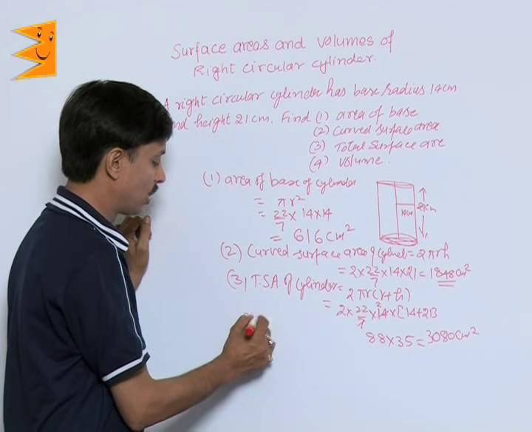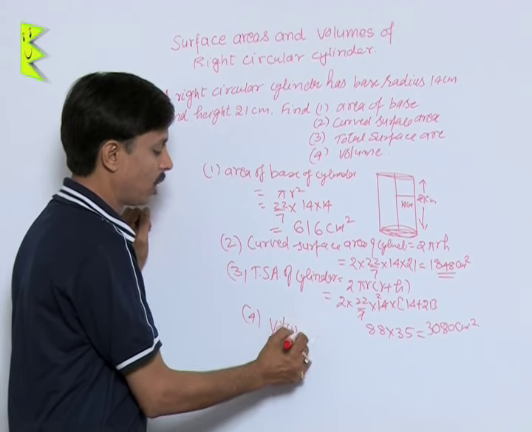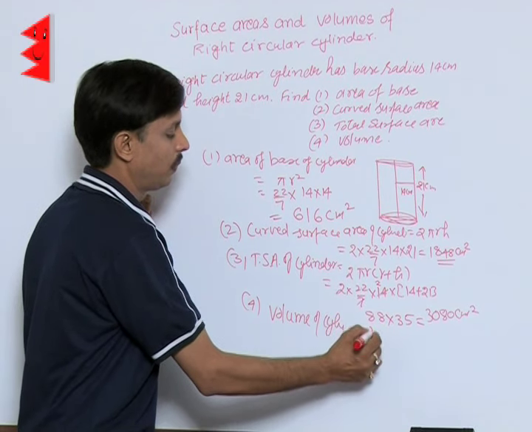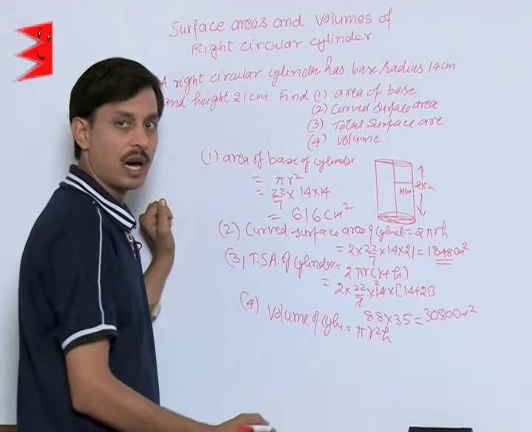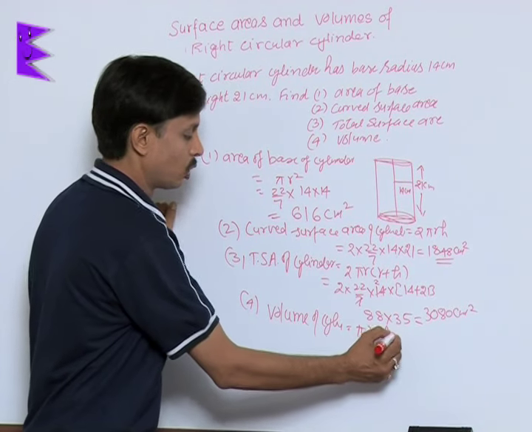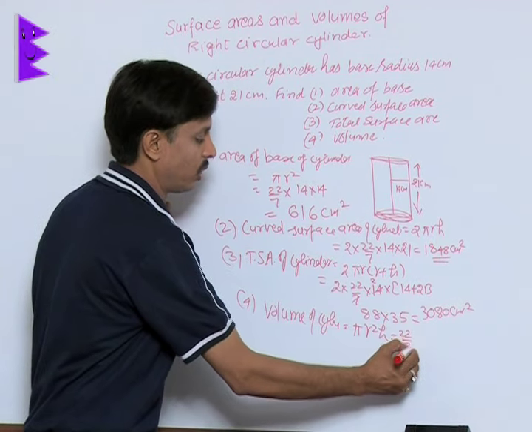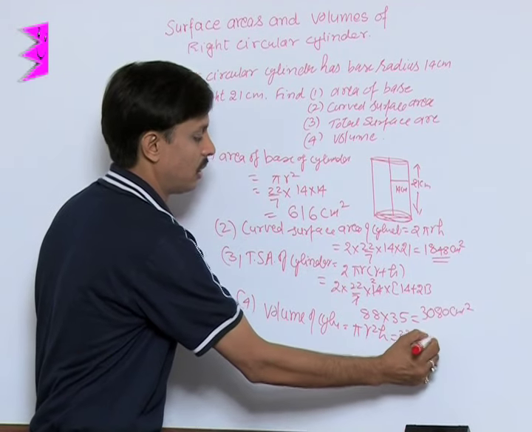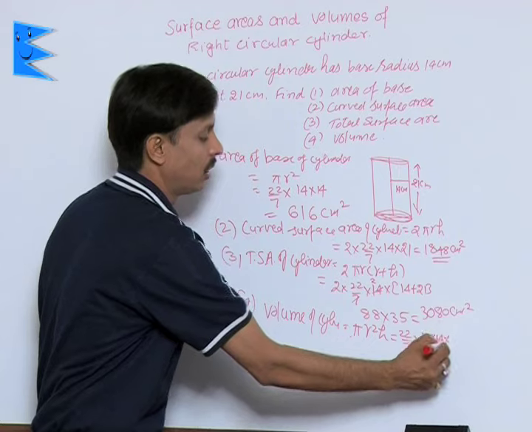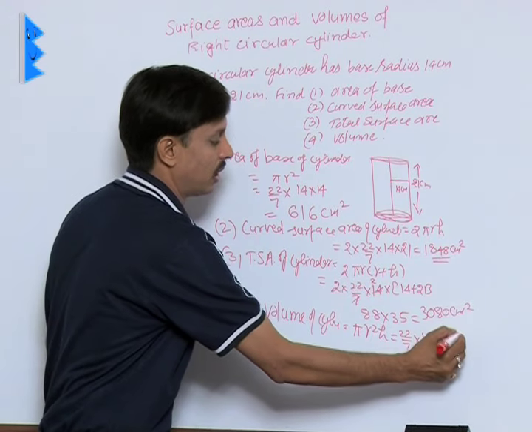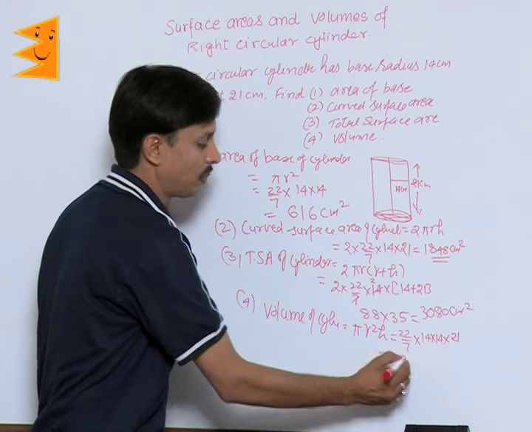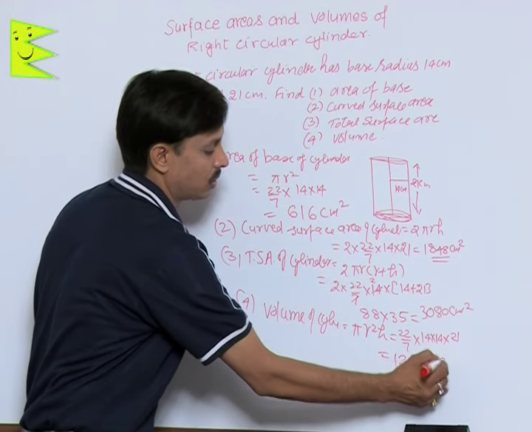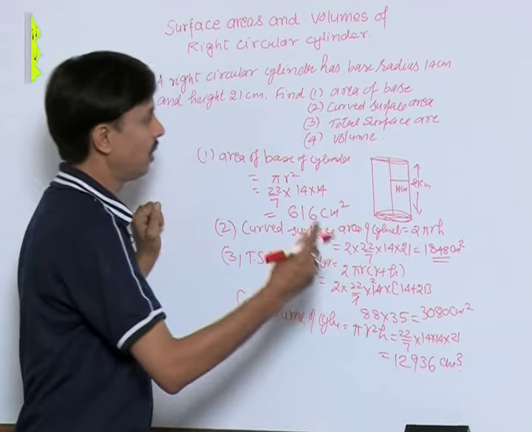The volume of cylinder is given by the formula pi r square h. So this becomes 22 by 7, r square means 14 into 14, into height 21. The simplification of this gives us 12936 centimeter cube.